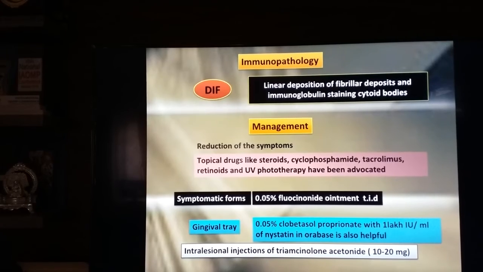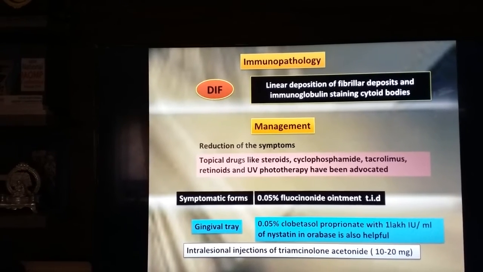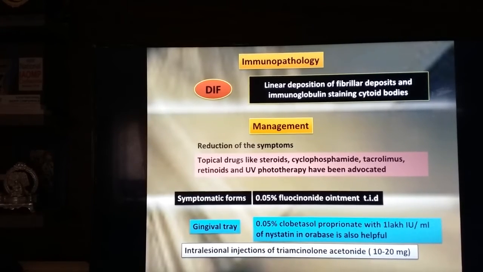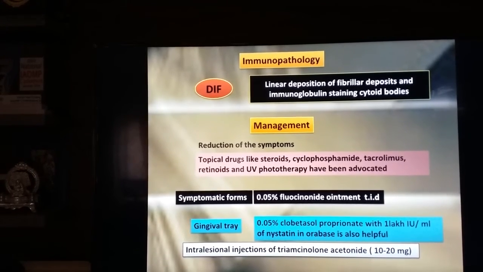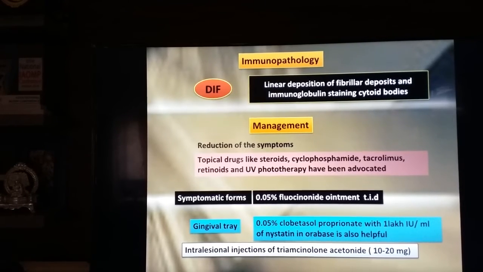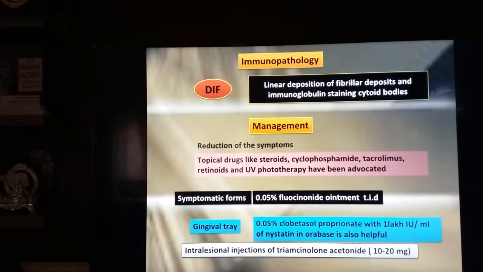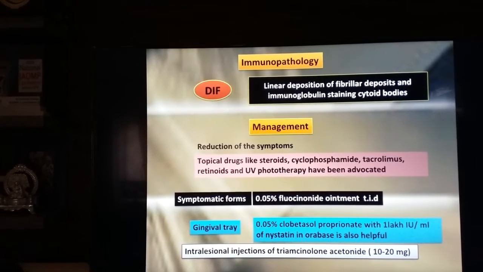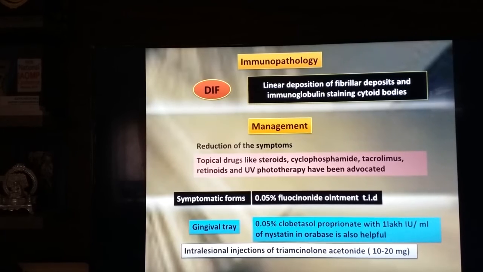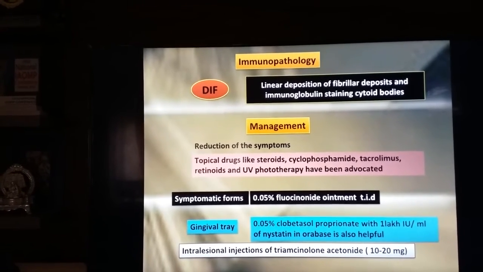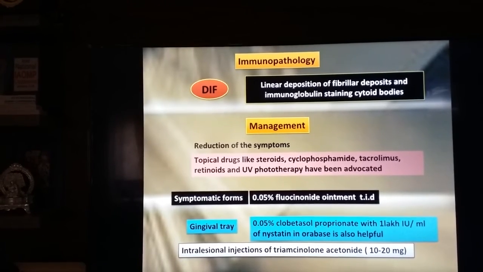Symptomatic forms can be treated with fluocinonide ointment applied on the surface 3 times a day. Sometimes a tray can be prepared, using 0.05% clobetasol propionate with 1 lakh IU per ml of nystatin in Orabase, which can be useful. Intralesional injections of triamcinolone acetonide can be used for local application.